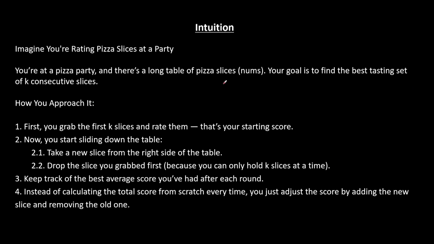To understand what the problem is asking, we should build up an intuition for the problem first of all. Let's begin. Let's try imagining this situation as slices of pizza at a party. You are at a pizza party and there's a long table of pizza slices. Your goal is to find the best tasting set of k consecutive slices.